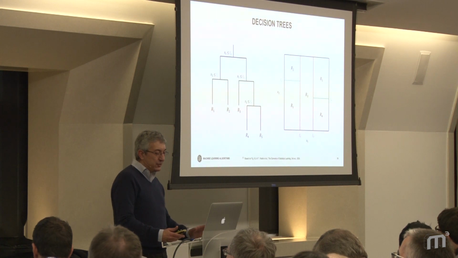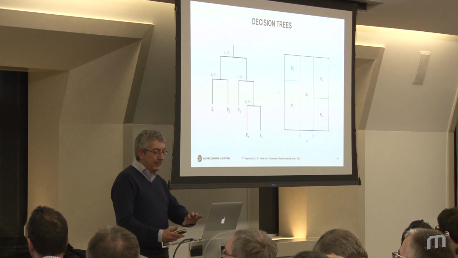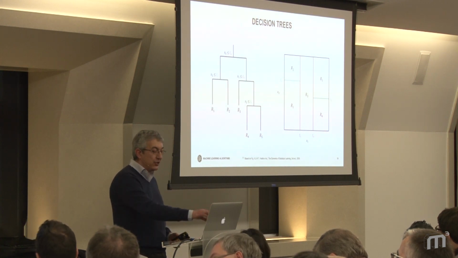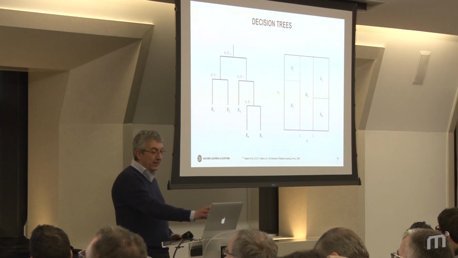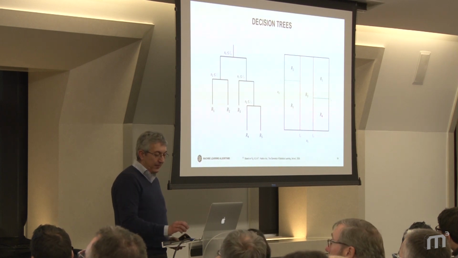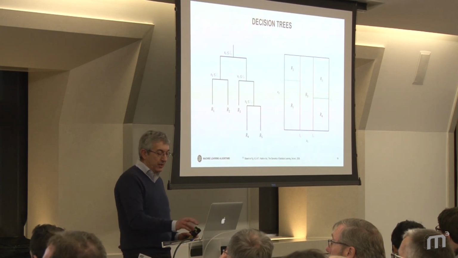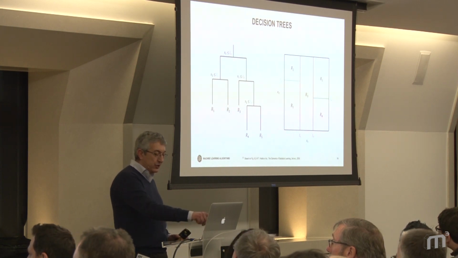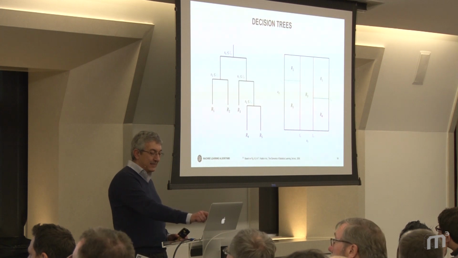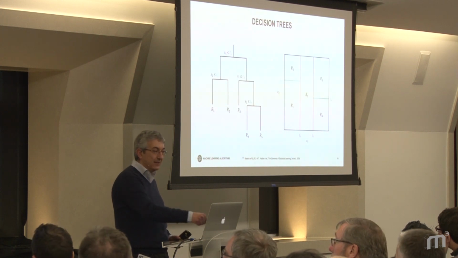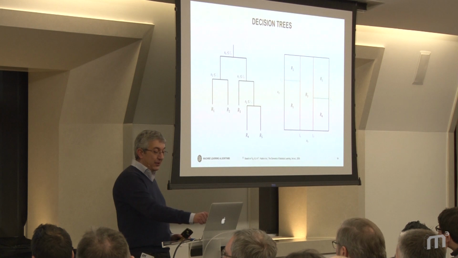But what decision trees do is try to break the original feature space into regions, boxes. They're really high-dimensional rectangles. And this can be done for both classification and regression. For classification, if a new example ends in one of these boxes, the class allocated is the one that is most common in that box.